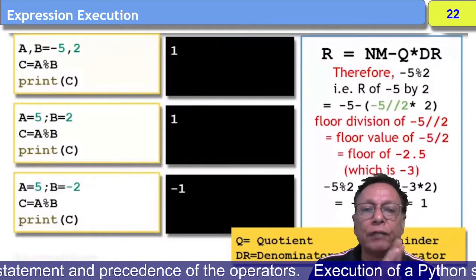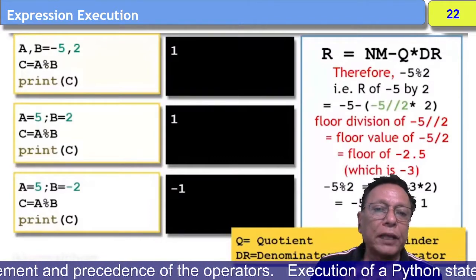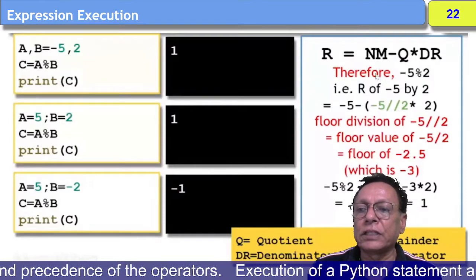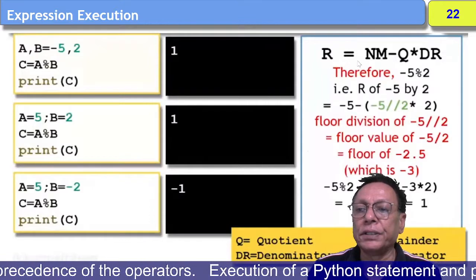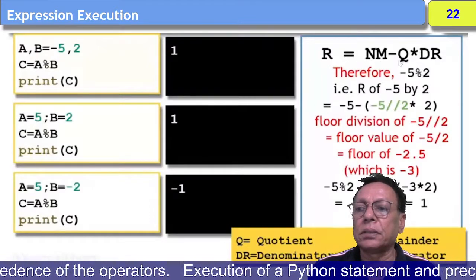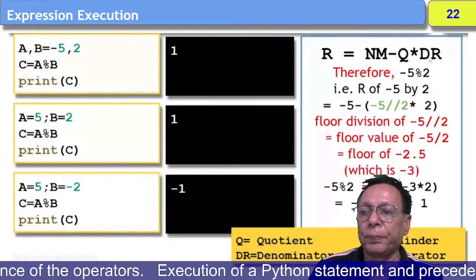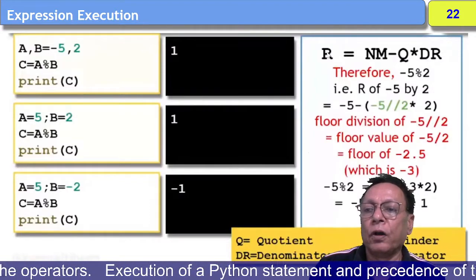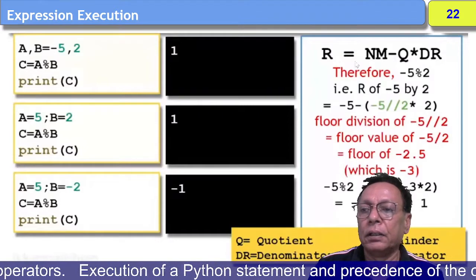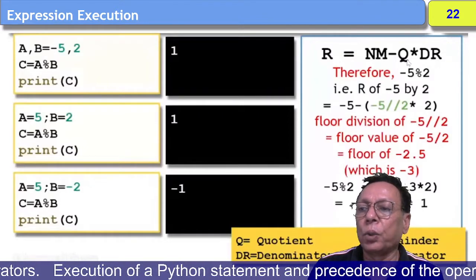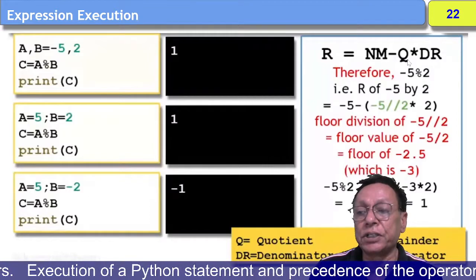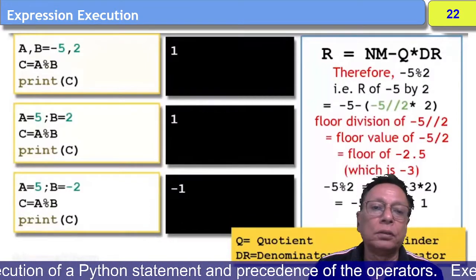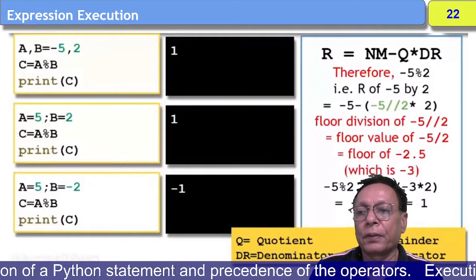Before evaluating through Python, I would like to explain this through this explanation. R is equal to numerator minus quotient into denominator. If you remember this relation of remainder, numerator, quotient and denominator, using it you'll be able to find the modulo very easily.